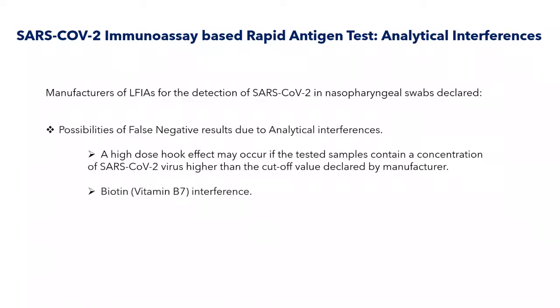Biotin interference can also lead to false negative results if present in high concentration in a patient sample. Also, the cross-reactivity of other viruses and other substances can lead to false negative results if present in more than the cutoff value.